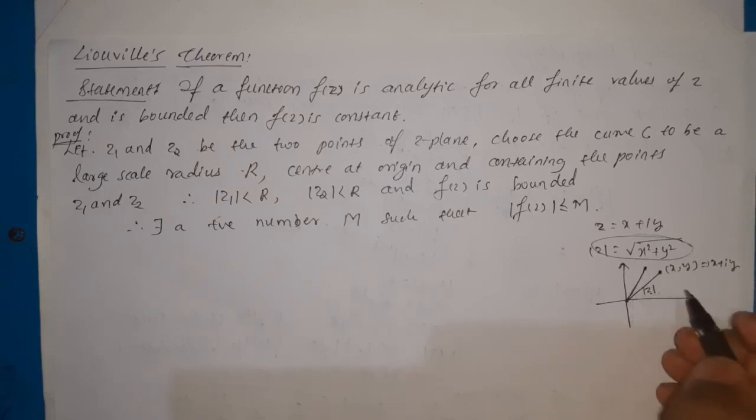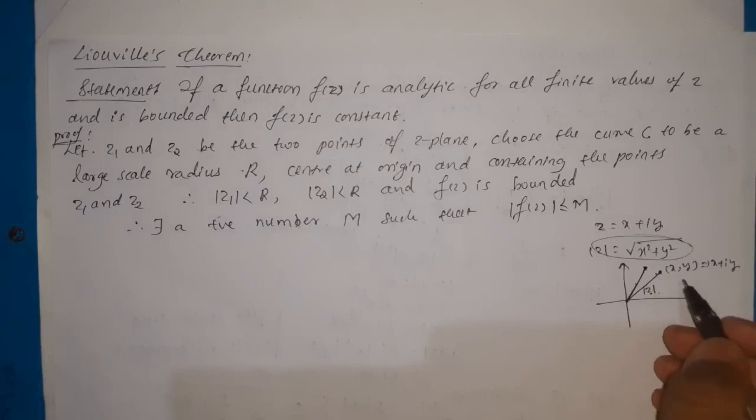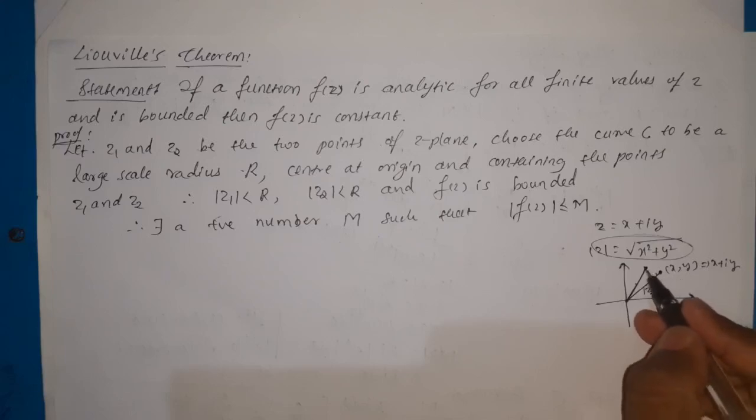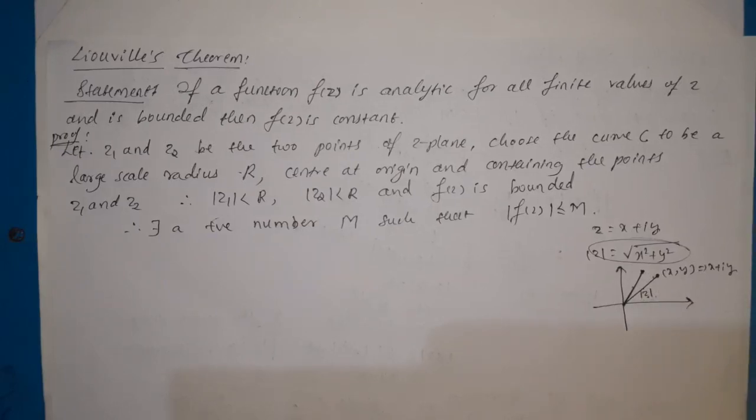If this length is the same as that one, the values of x and y are the same. That is the constant function, because for a constant function, wherever you move, the distance from the origin will be the same at each and every point. That is the meaning of the constant function in this case.